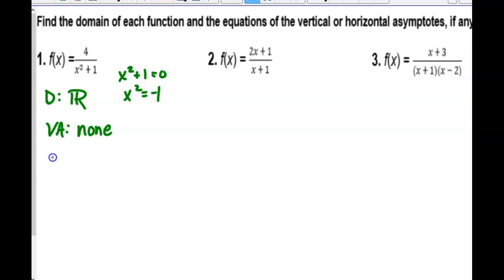Okay, top heavy, bottom heavy, equal weights. So for the horizontal, it's bottom heavy, so it's what? Is that all they asked for? Yours doesn't say graph, does it? Okay, so let's move on to number 2. Domain restriction?